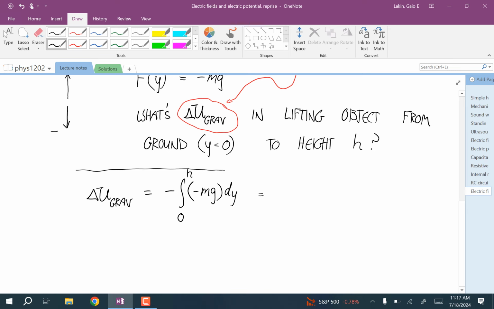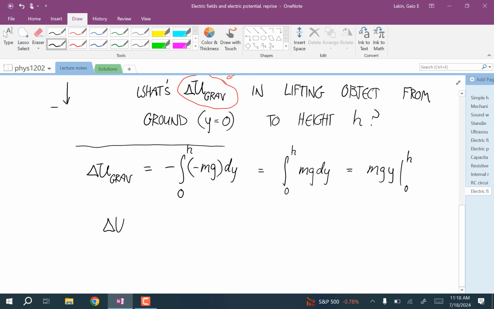The two negative signs cancel out, and you get the integral from 0 to h of mg dy. If you take the integral of a constant, you get mgy evaluated from 0 to h. And so the stored energy from lifting this object is mgh minus mg times 0, which is just mgh.